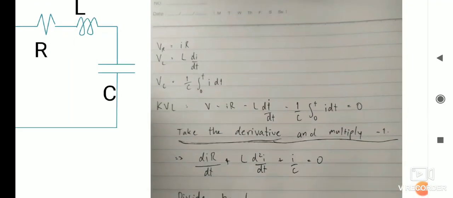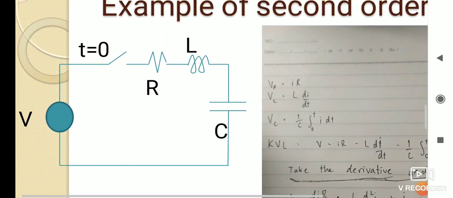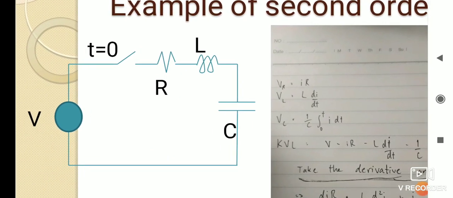When dealing with a second order circuit, we have to know that there are three states happening. The first step is when t equals 0, or when the switch is still open, meaning that there is no current flowing at all. The second step is what we call an intermediate step, or a transitioning state.